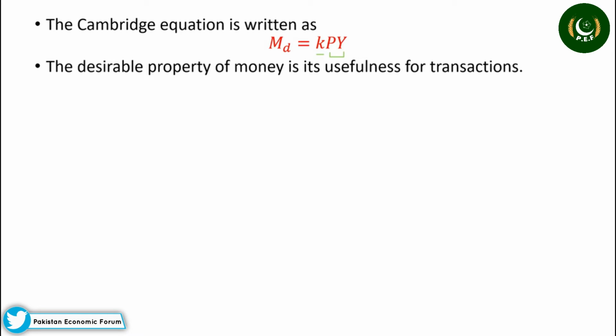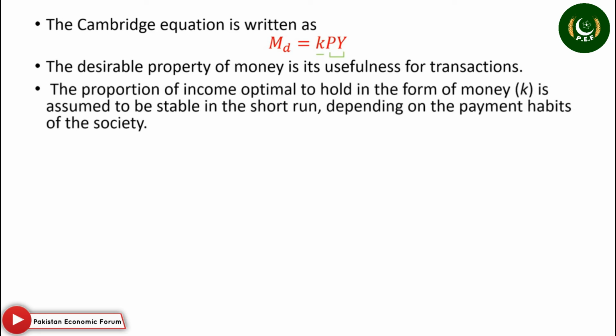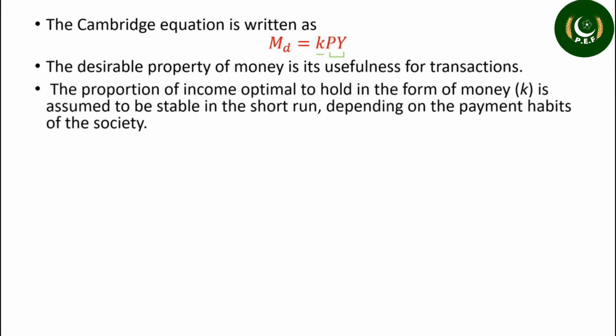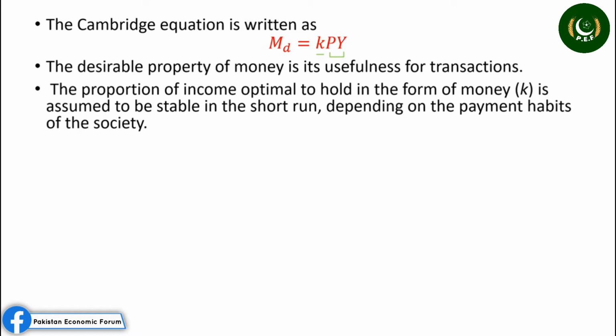So it follows that the demand for money depends on the level of transactions, which may be supposed to vary closely with income. The proportion of income that would be optimal to hold in form of money is assumed to be stable in short run, depending on the payment habits of the society.